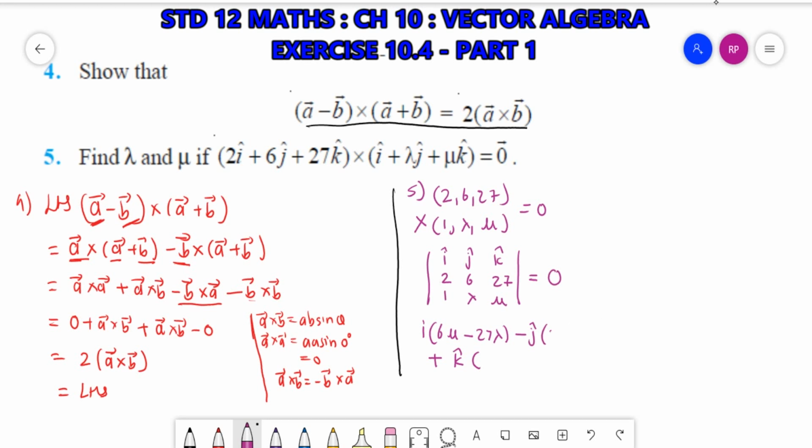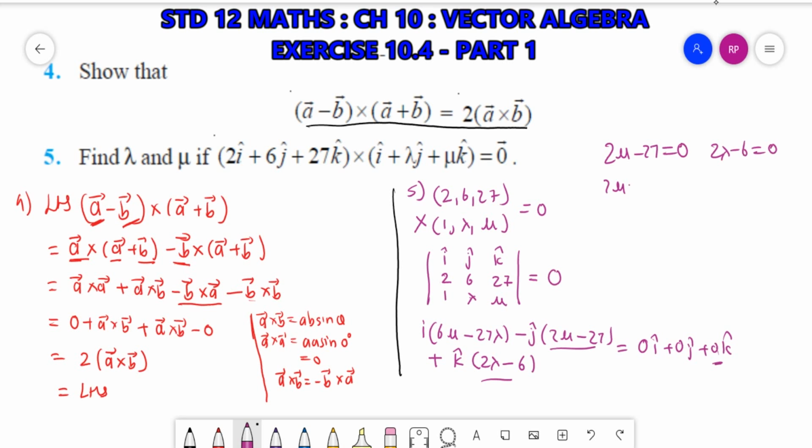Yes, it's correct: 2 mu minus 27. For k, it's 2 lambda minus 6. And as it is a 0 vector, I will write 0i plus 0j plus 0k. Now comparing with j, I get 2 mu minus 27 equal to 0, and comparing the coefficient of k, I get 2 lambda minus 6 equal to 0.